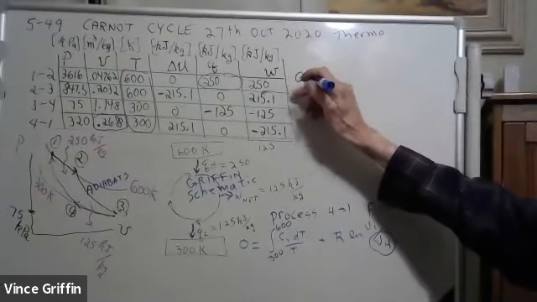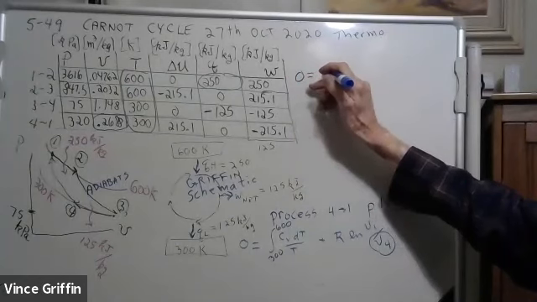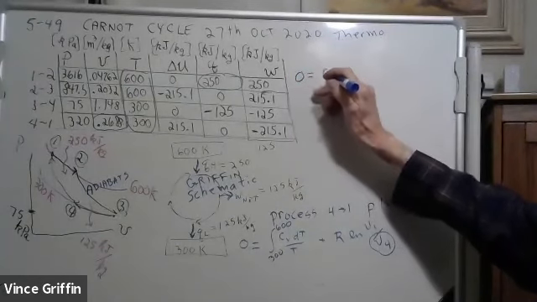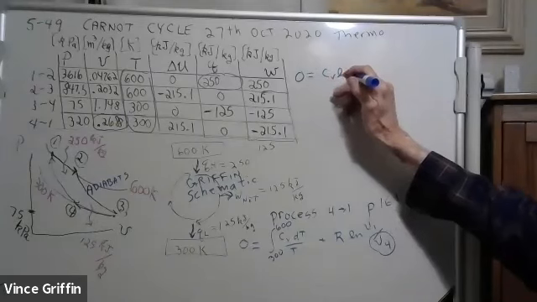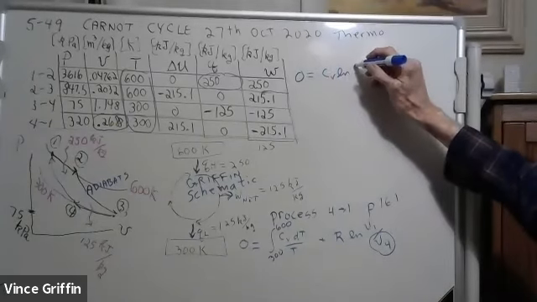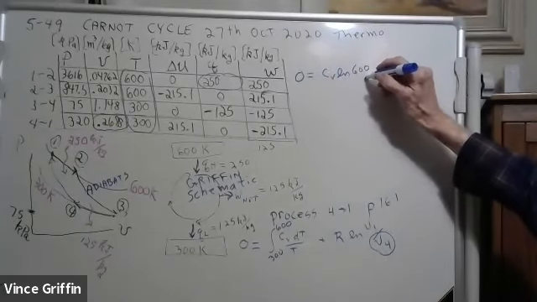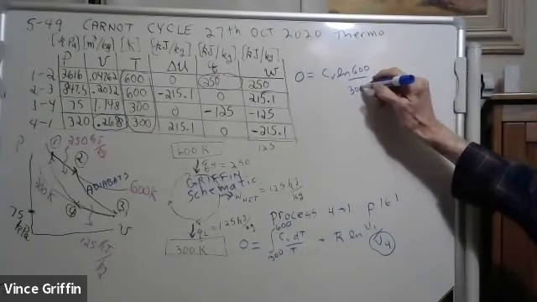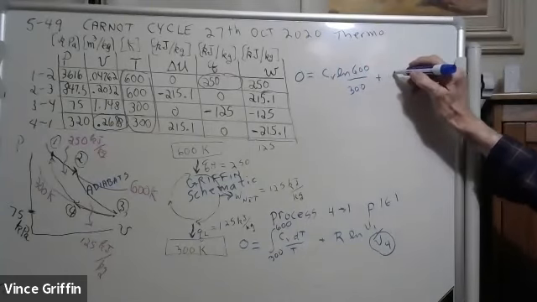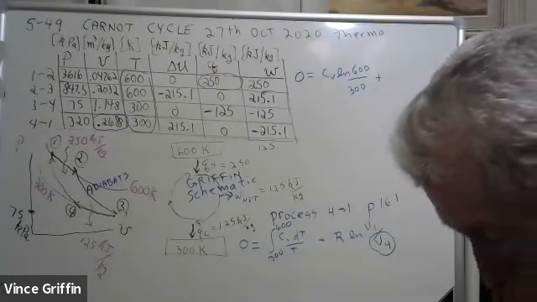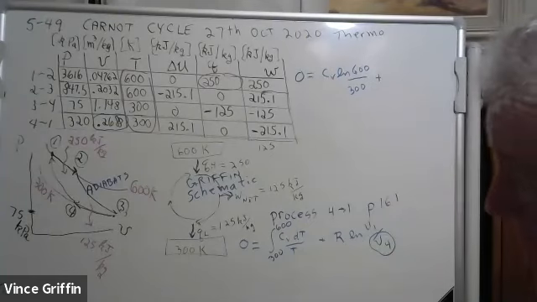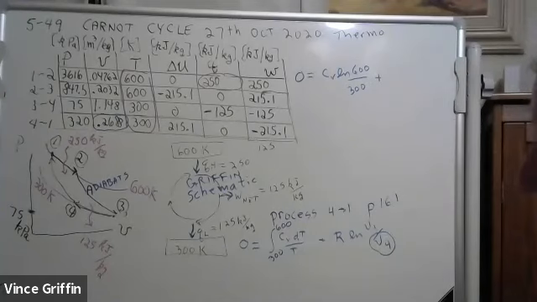0 equals C sub V natural log of 600 over 300 plus R. Now, this problem here is air, isn't it? Are we dealing with air in this problem 549? Yes, it's air.